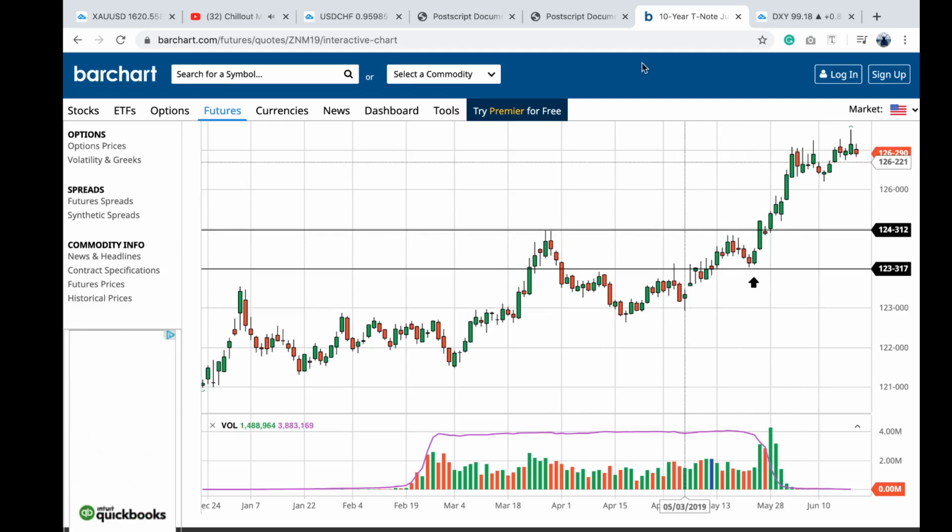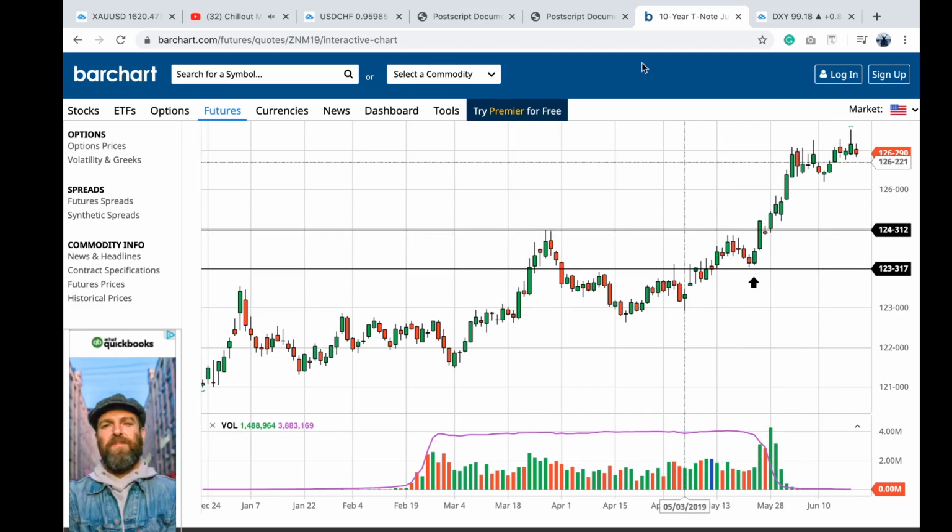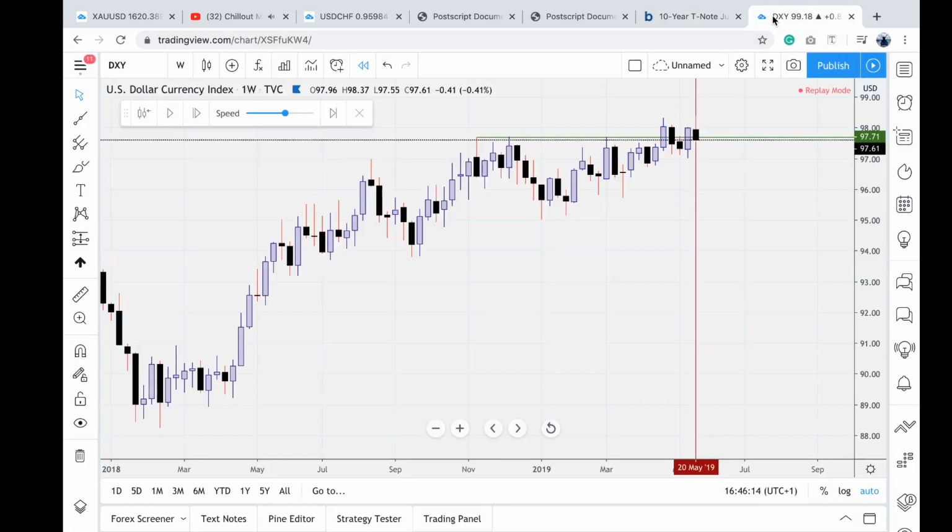So what does that tell us fundamentally on the DXY? It tells us DXY is going to be bearish, either short term or long term. We don't know until we see a break in market structure. But for short term, we can assume the DXY is going to be bearish based off the conclusions we've drawn from a fundamental basis, also from a seasonal standpoint.